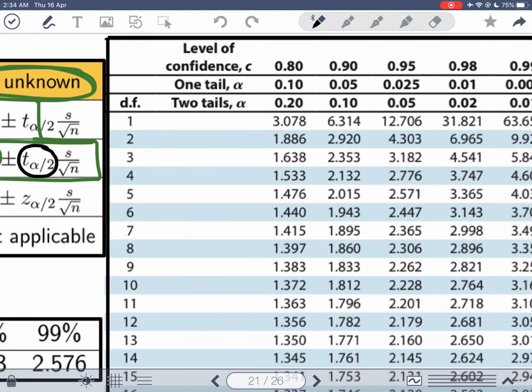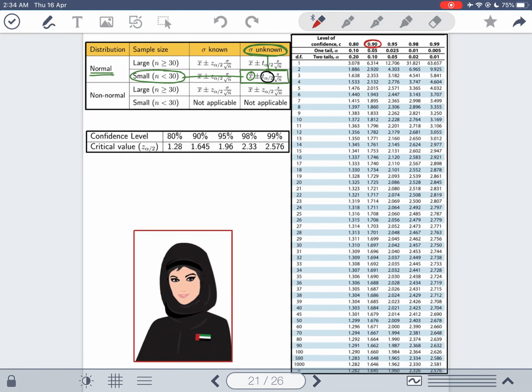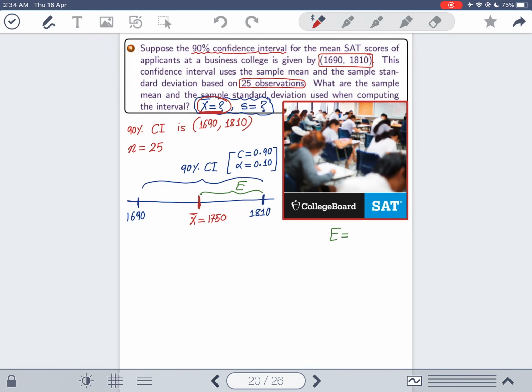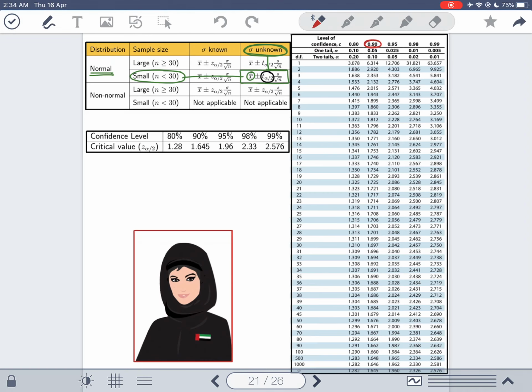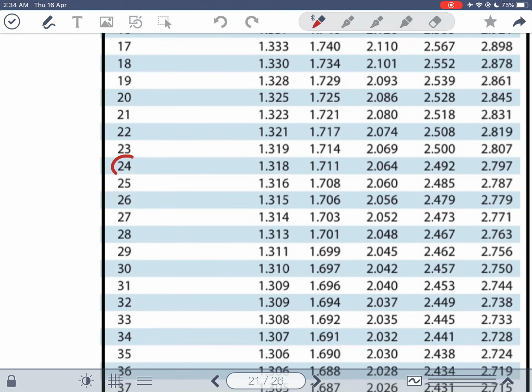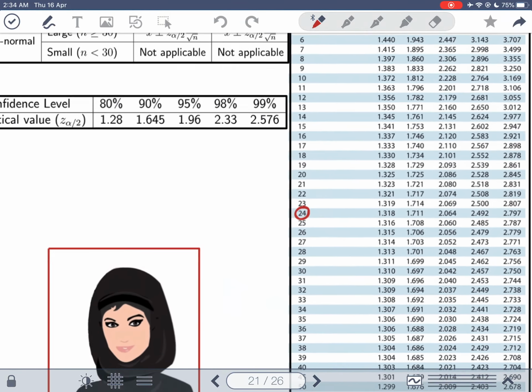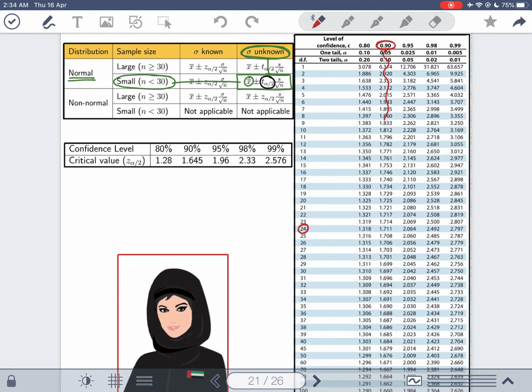Remember, it's 90% confidence, so here you will choose 90% confidence, and you need to know the degrees of freedom. How many degrees of freedom do we have in this question? N is 25, so degrees of freedom is 24. It's always one less than the sample size. So let's go to 24 and see where they intersect.